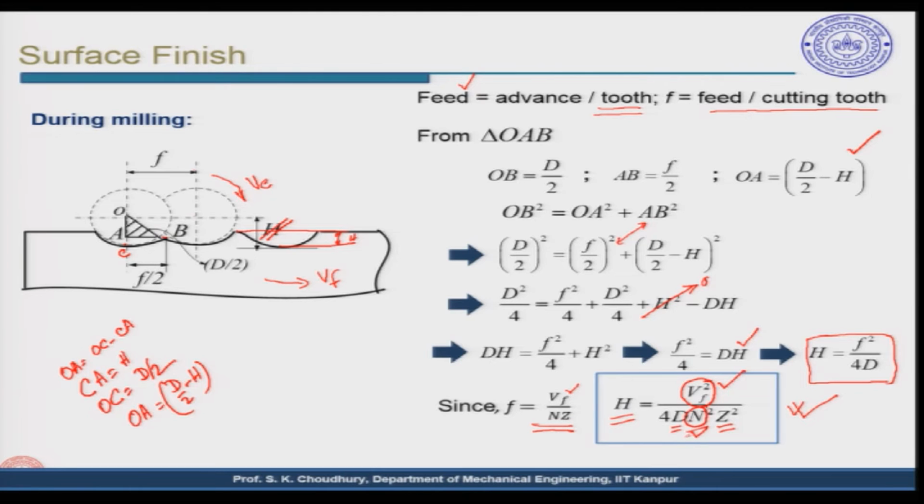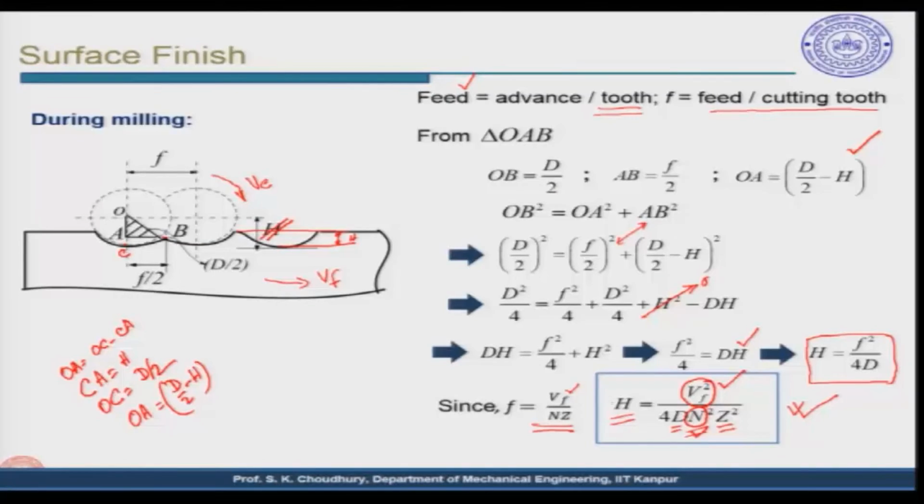Therefore, the only parameter which is left is the RPM of the milling cutter, and by changing the RPM you can change the surface roughness or the surface finish during the milling process. This is the basic idea behind this, to discuss what are the parameters on which we can have control to manipulate or improve the surface finish during the milling process.